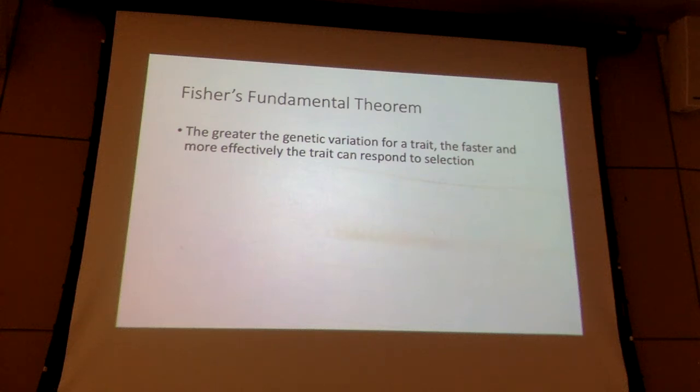If we used artificial selection to select for a third arm for everyone in this class, what kind of response would we get? Exactly. We don't have any genetic variation for number of arms in this classroom.